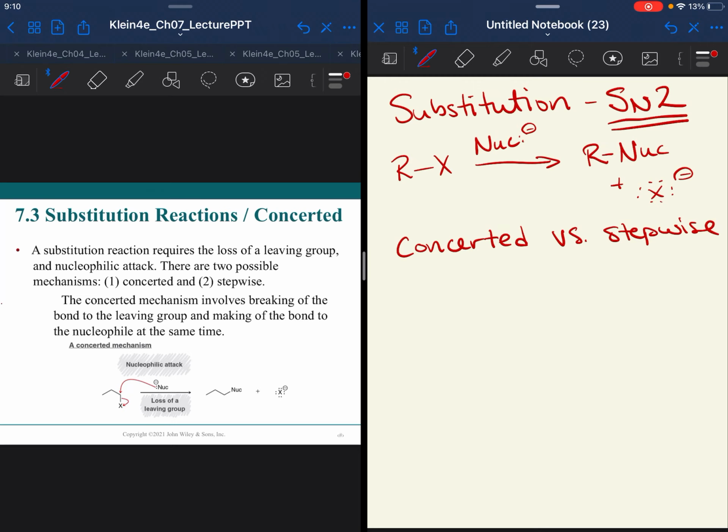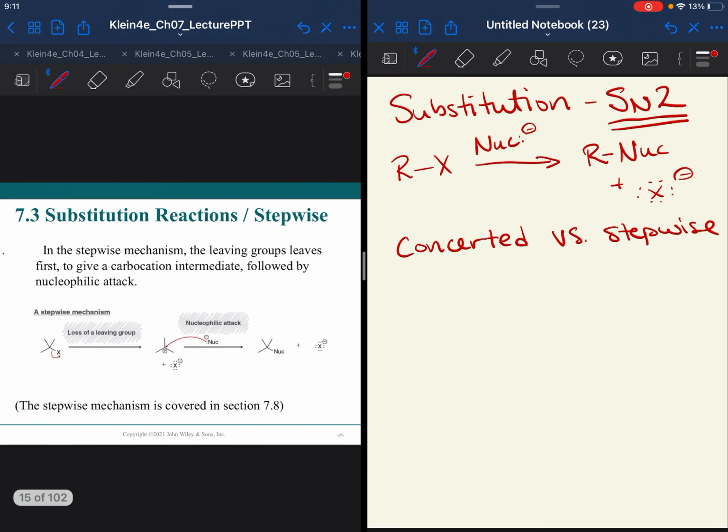So in this case, the concerted mechanism has the nucleophilic attack and loss of leaving group happening at one time. A stepwise mechanism is going to have those same two steps, but happening one at a time, right? The leaving group leaves first, and then the nucleophilic attack happens.